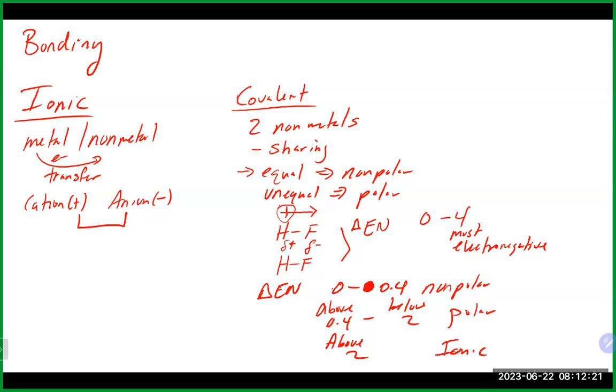A couple of things we talked about in terms of using electronegativity values. If you have them, obviously you can use them. In a lot of cases, you may not really need the actual values. You could use just the general trend in electronegativity, which is up and to the right is more electronegative, left and down is least electronegative. That works really well for things that are in the same period on the periodic table.